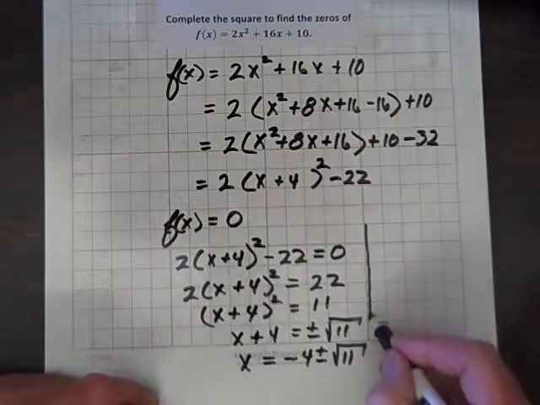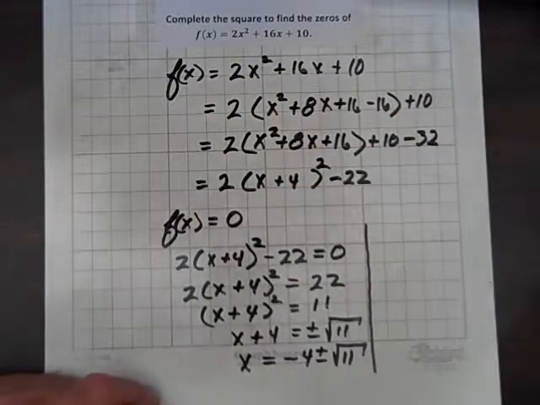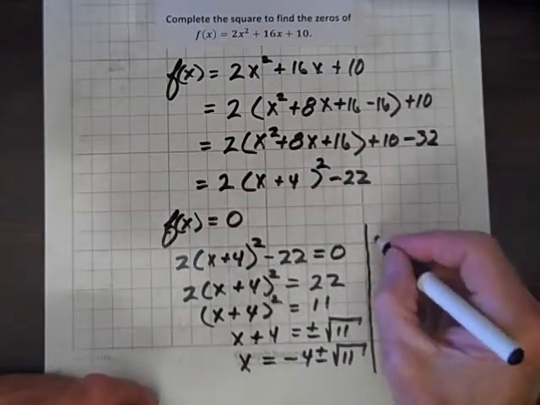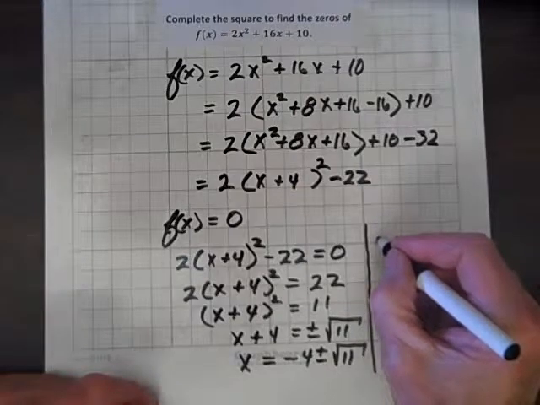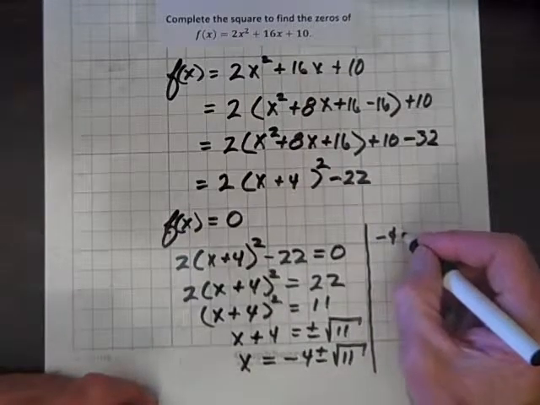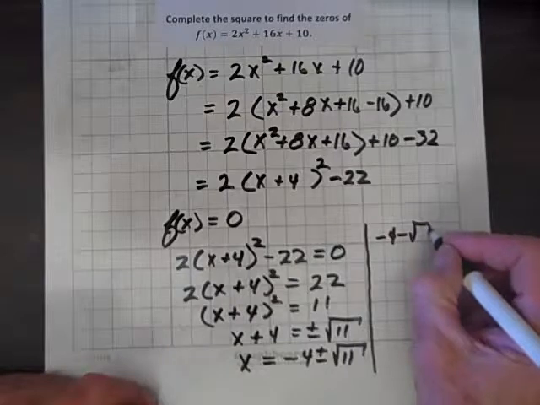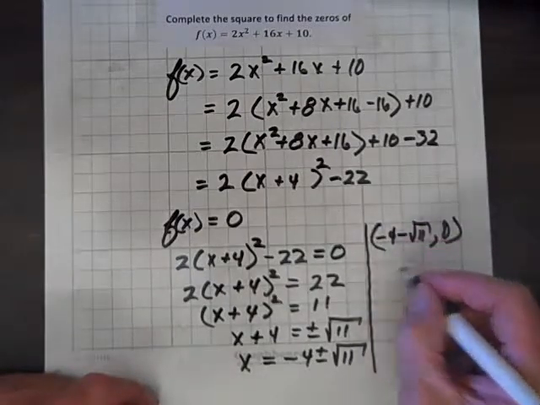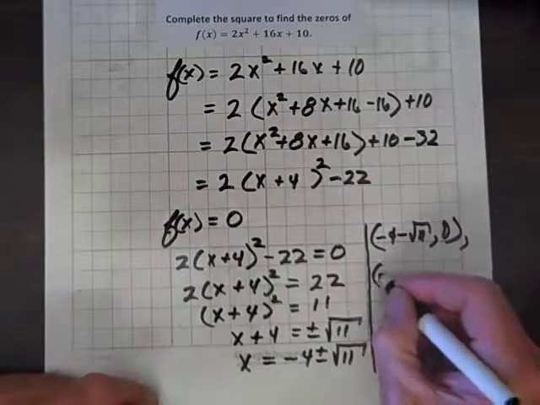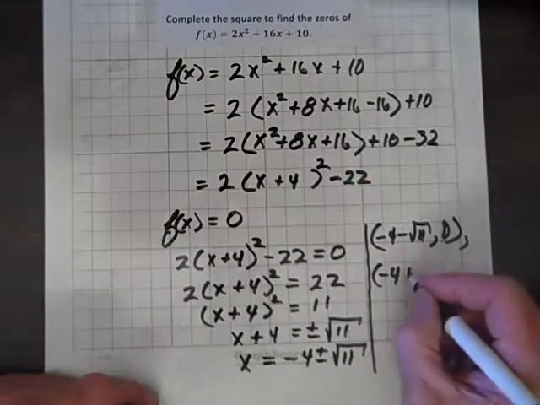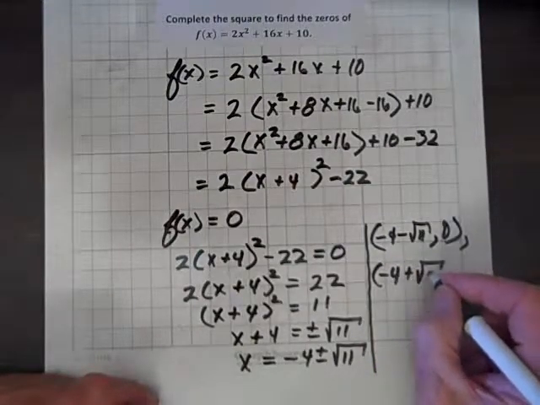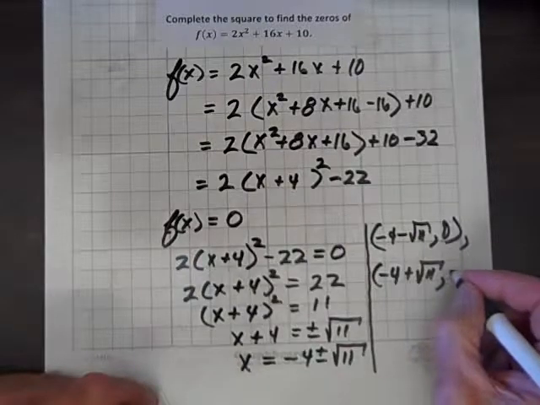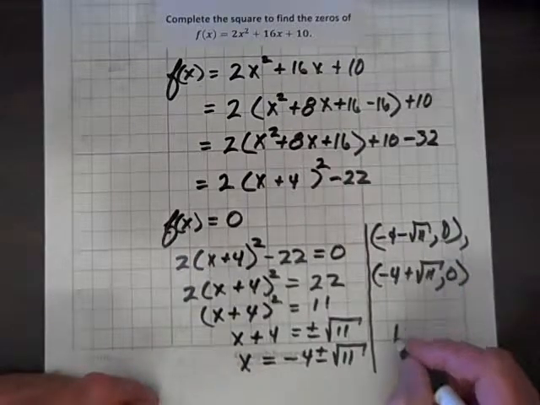So the corresponding ordered pairs for these zeros are negative 4 minus root 11, 0, and negative 4 plus root 11, 0, and we are done.